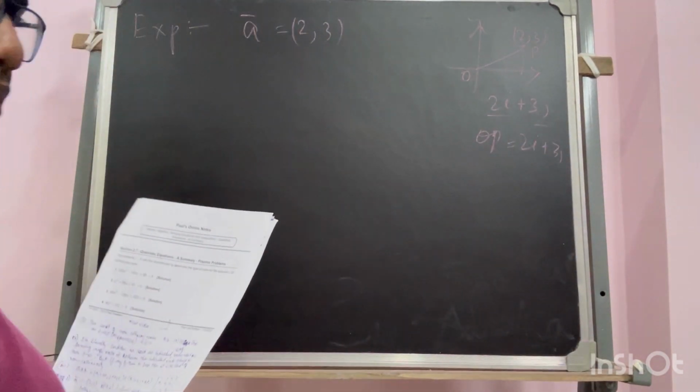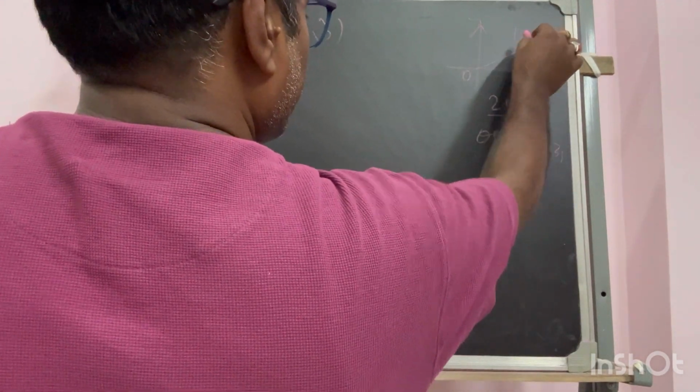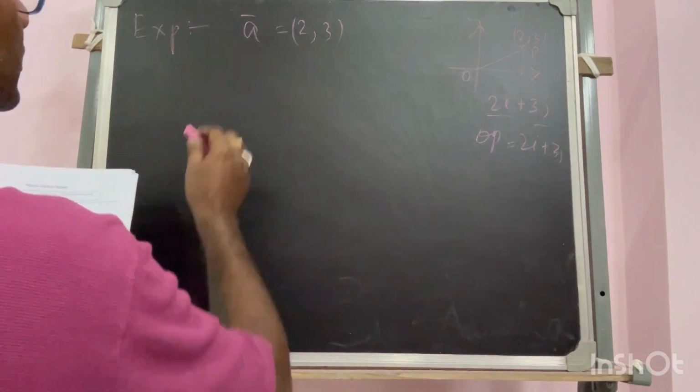So this is the change in representation. If it is a point, it is 2, 3. If it is a vector, then it has to be like that.